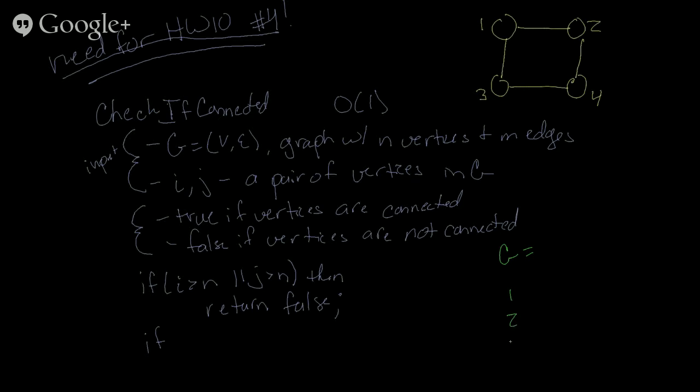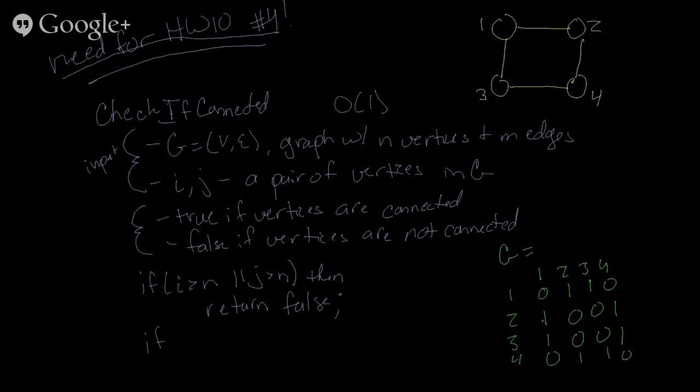We have 1, 2, 3, 4, 1, 2, 3, 4, and there's just either a 0 if there is no connection between these pairs of vertices, or there's a 1 if there is. So this will be 0, this will be 1, 0, I'm sorry, 1, 0, this will be 1, 0, 0, 1, this will be 1, 0, 0, 1, and this will be 0, 1, 1, 0.